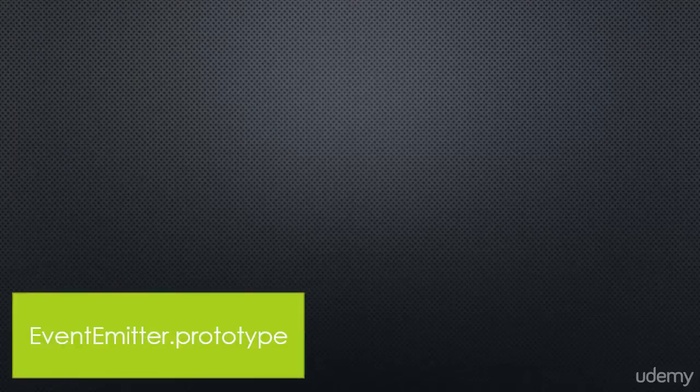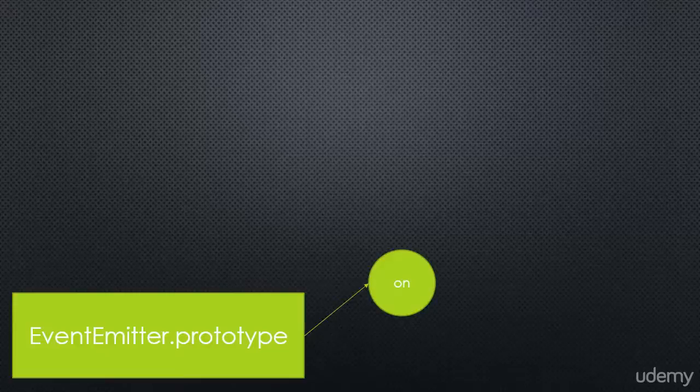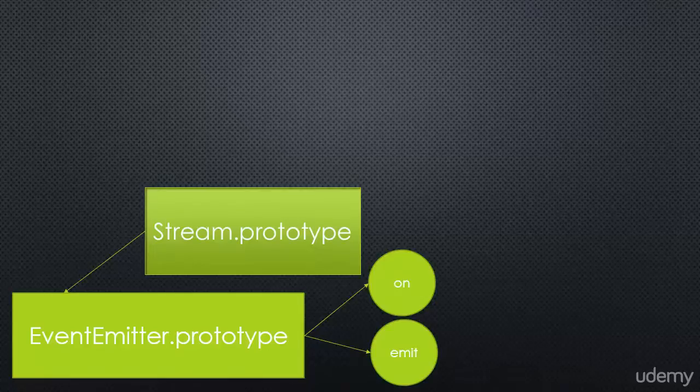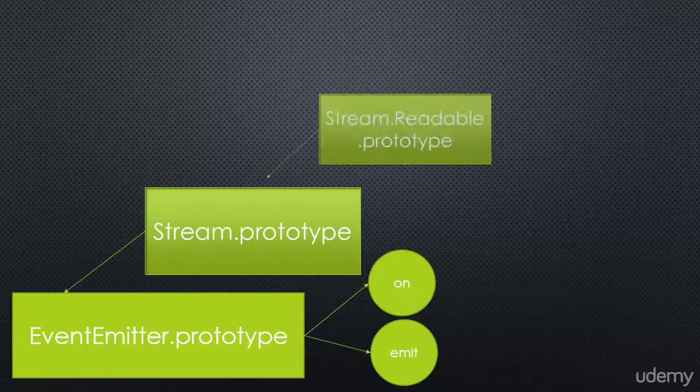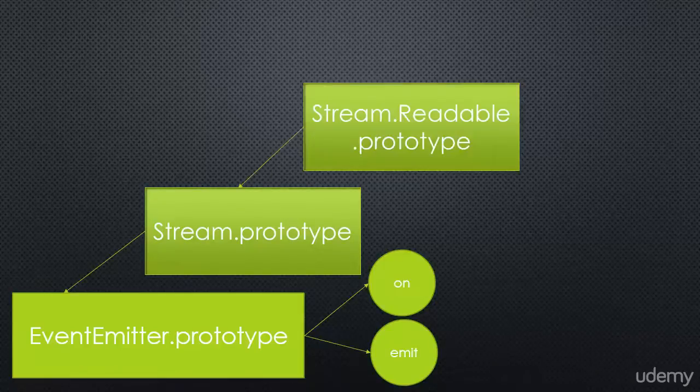Let's take a look at the prototype chain then. We understand that we have the event emitter, which the prototype has things like on and emit. And we've seen that a stream inherits from event emitter. And we have different types of streams like readable, or writable, duplex, or transform that inherit from stream that may have methods like read or write.